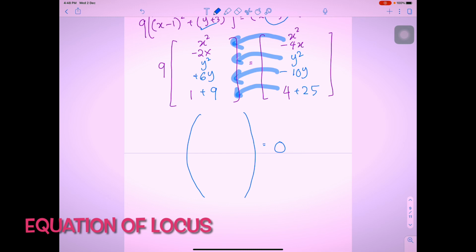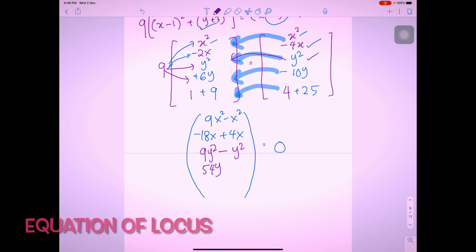Okay, so 9x squared minus x squared. For the x term, negative 18x and negative 4x becomes plus 4x. And then for y, 9y squared minus y squared, and then 6 times 9, 54y, and negative 10y brought to the left becomes plus 10y.